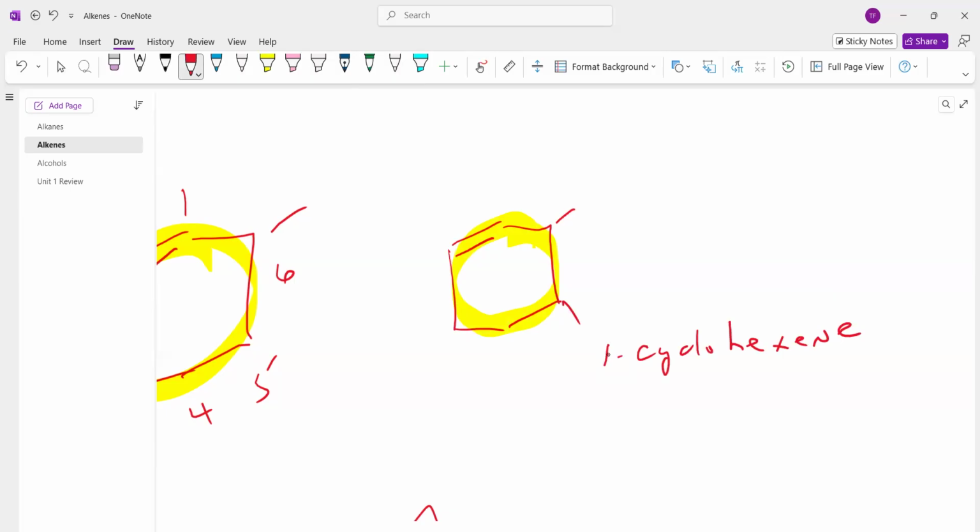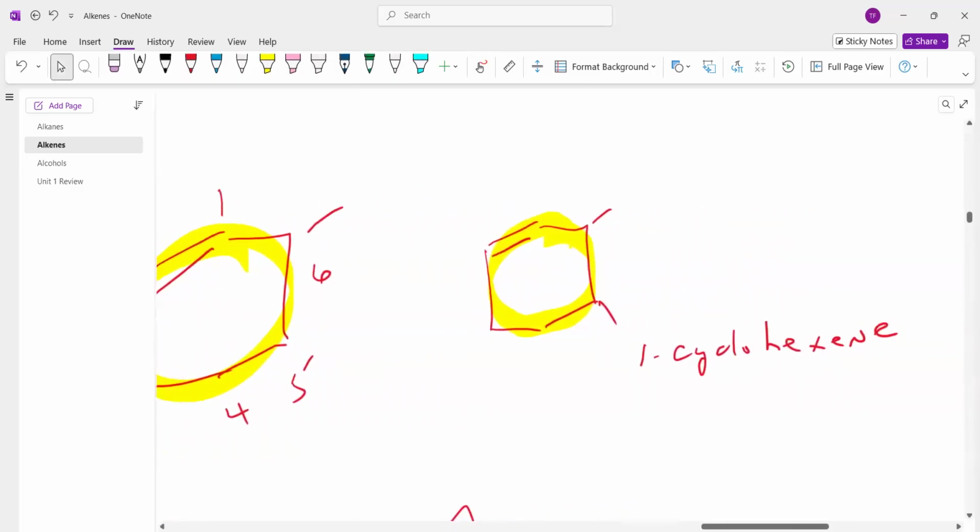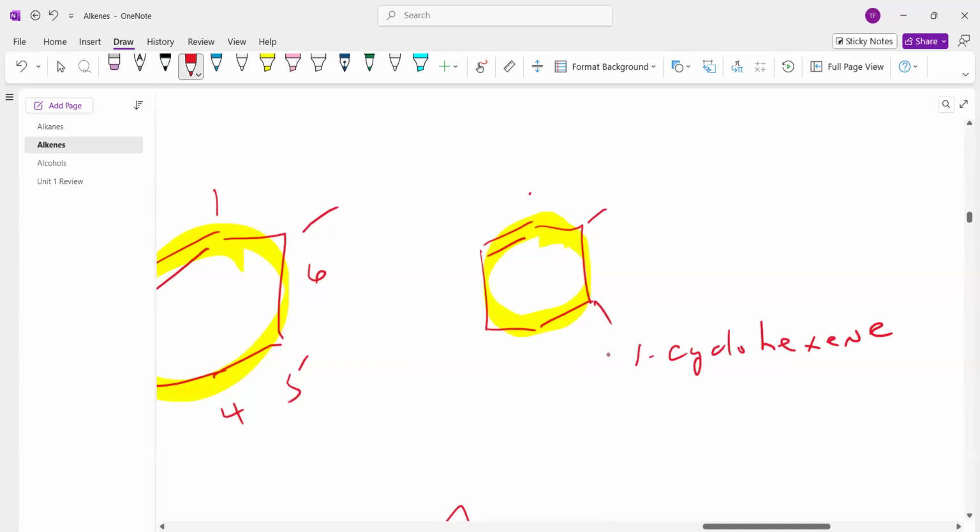And we determined the naming is we're going to start with this being carbon number 1. So we've got 2 branches now. Okay, you can also name it starting over here. In fact, let me do that in a different color.